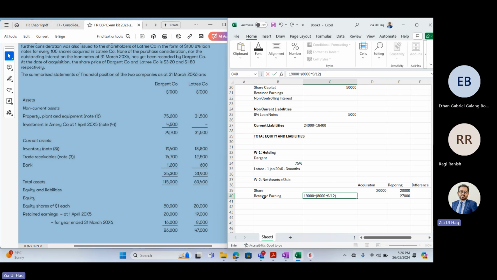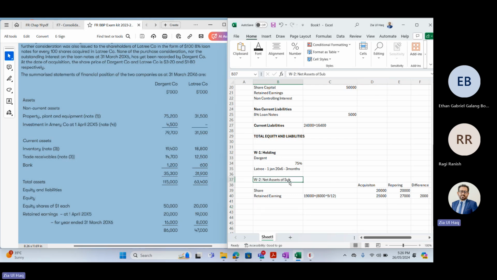If 8,000 is for complete year, this means 9 months was before acqui, 3 months after acqui. The 3-month profit is 2,000. This means 6,000 is pre-acqui. So at the date of acquisition, the profit is 25,000. And the difference made after acquisition is 2,000. Can you understand this?